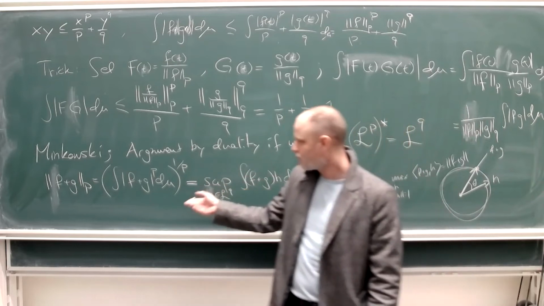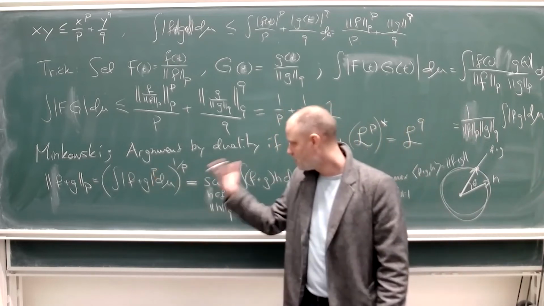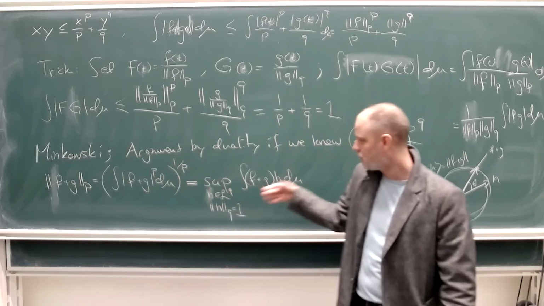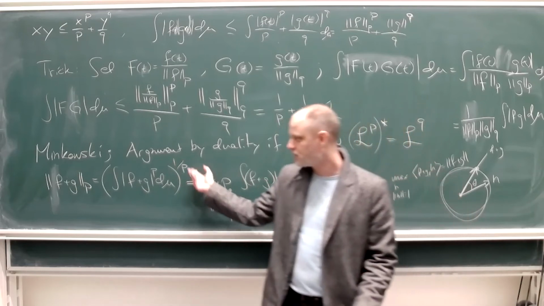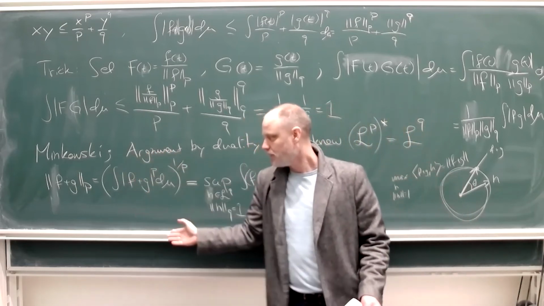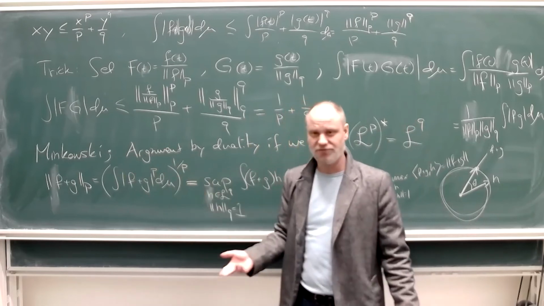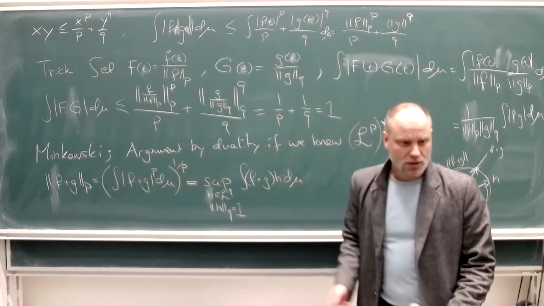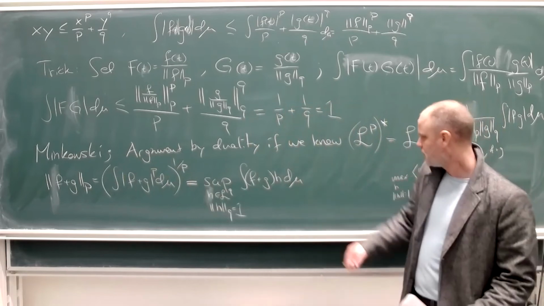Look how beautiful things become. This to the power of p disappeared. This 1 divided by p also disappeared. Everything which makes the integral here or expression difficult disappeared in this expression.